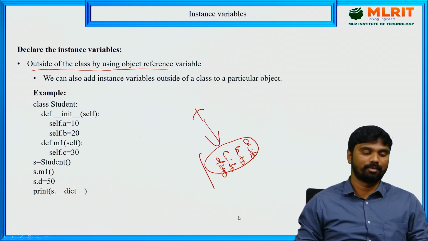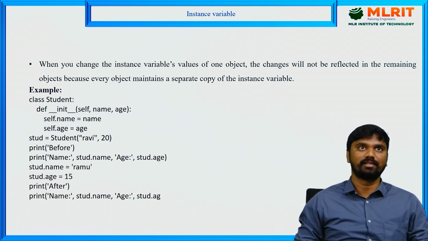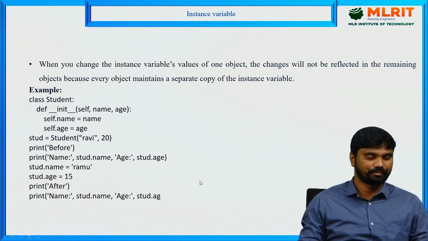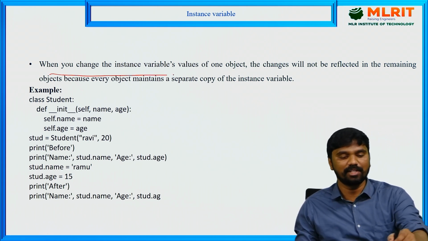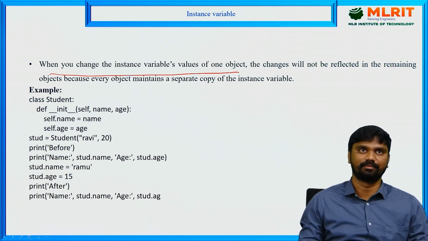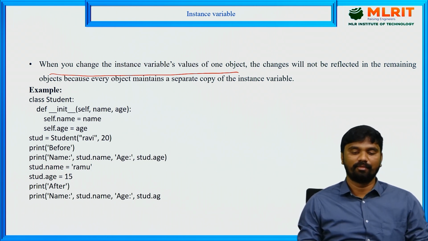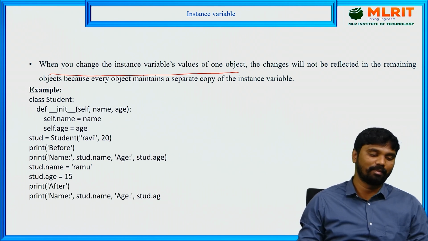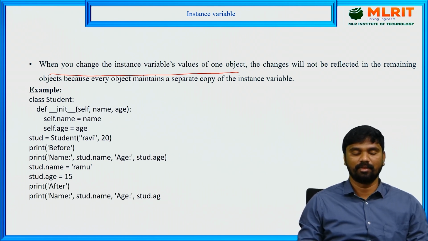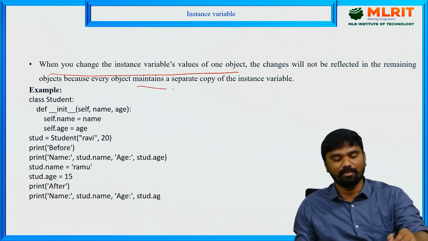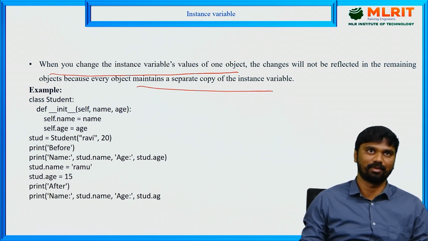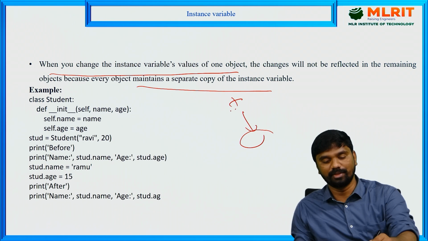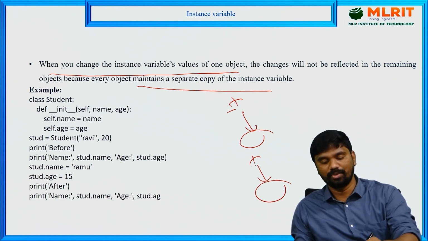So this is about declaring the instance variables. Next, very important. When you change the instance variables of one object, then the changes will not be reflected in the remaining objects. Why? Because every object maintains a separate copy of the instance variable. For example, there are two objects, t1 object and t2 object.